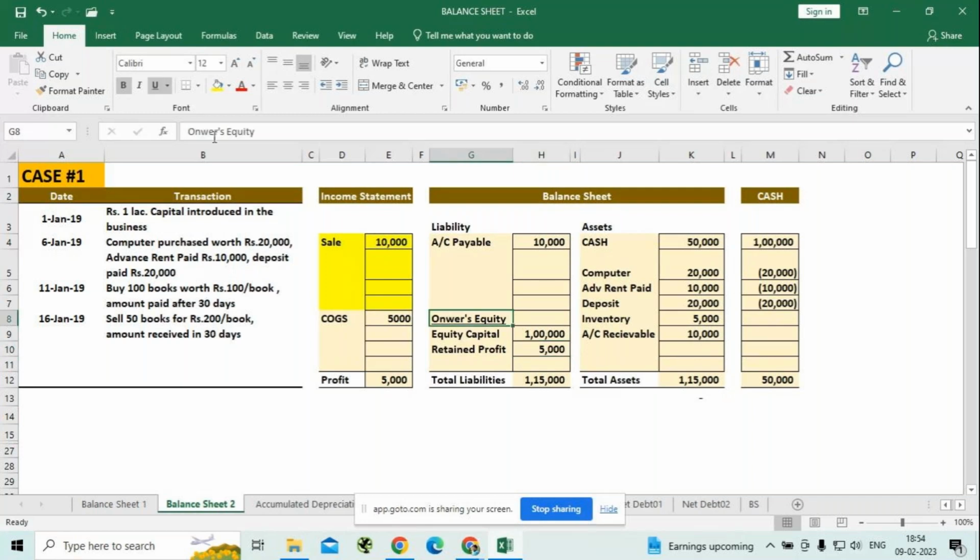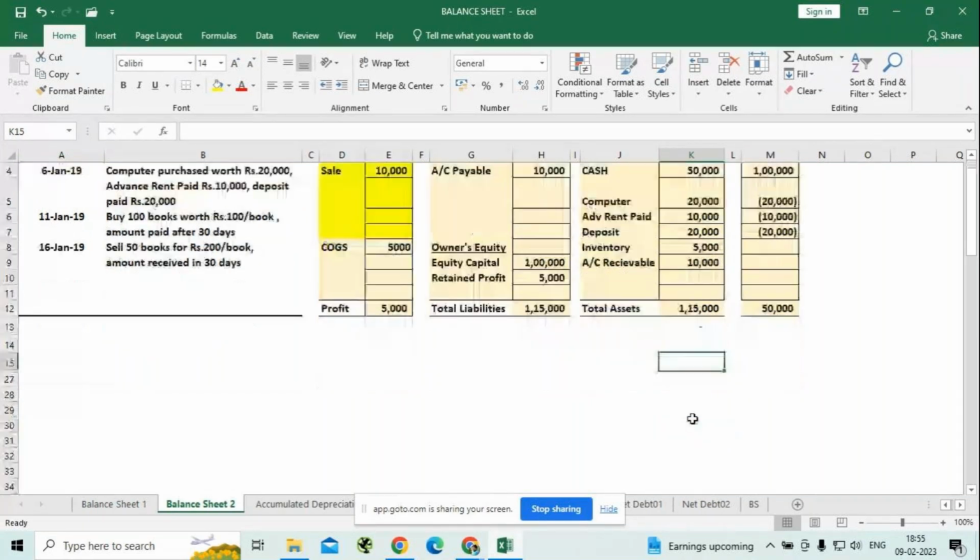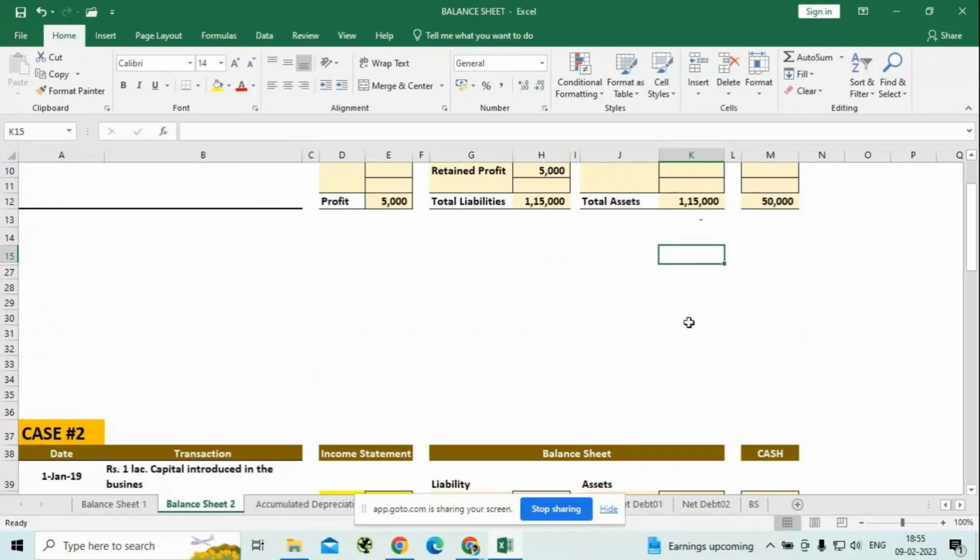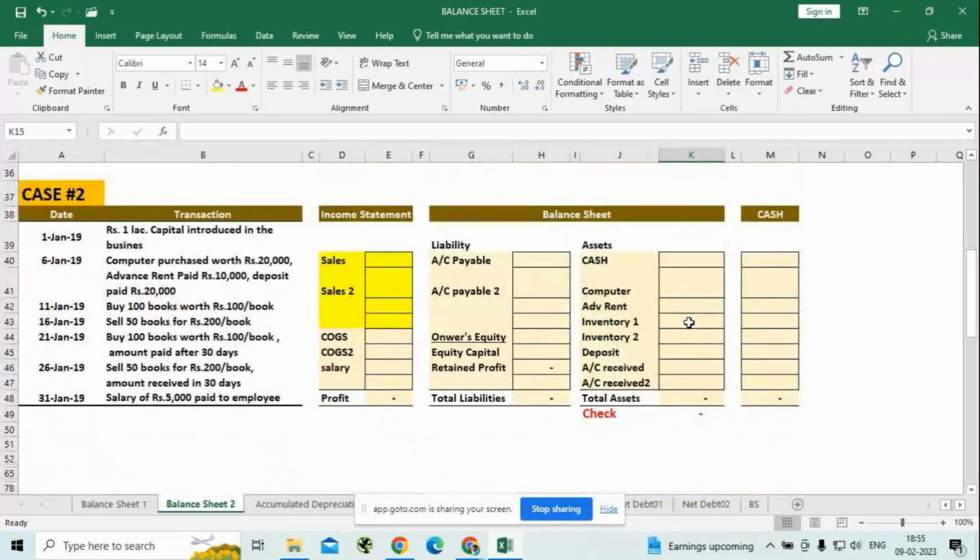Is that clear? So has everyone understood this combination of the income statement and the balance sheet? Okay, so this is how we create it. I want you people to try this. The same type of transactions are there, but two or three more transactions are added with this.